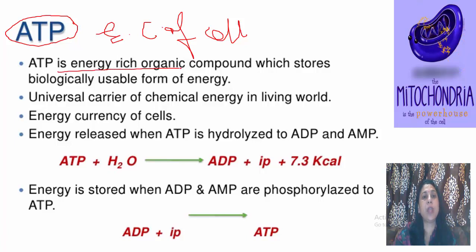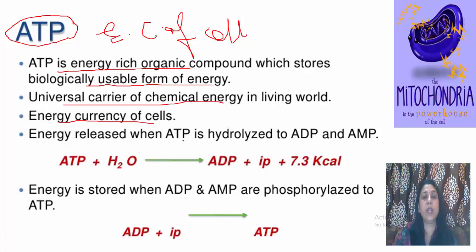ATP is an energy-rich organic compound which stores a biologically usable form of energy. It is the universal carrier of chemical energy in the living world. It is also known as the energy currency of cells, as I have told you earlier.